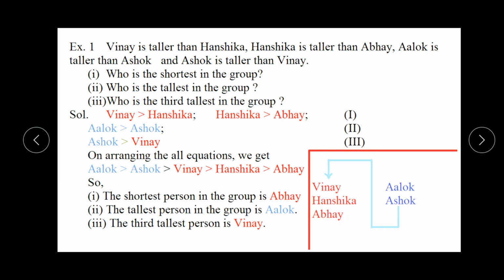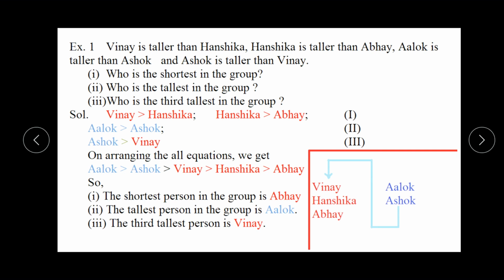We are not writing Hanshika twice, because in the previous method Hanshika and Vinay are written twice. If we write names twice or thrice, we are wasting our time, and we can also get confused in these inequalities. Then Hanshika is taller than Abhay; we will write only Abhay.